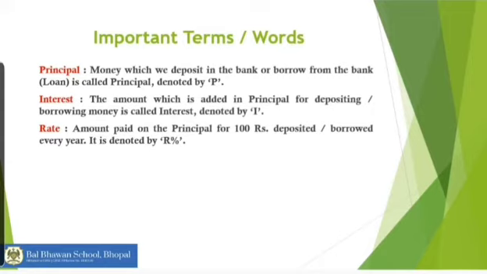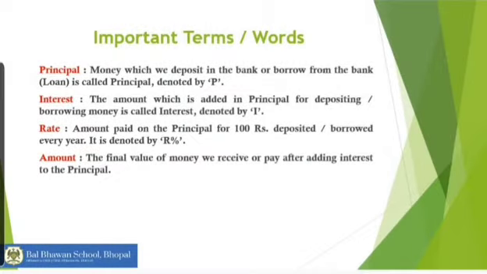Moving forward, we will talk about the amount. The final value of money we receive or pay after adding interest to the principal. Suppose your father deposited money in the bank for some time, and then when he went to take it out, he will get some interest on it.